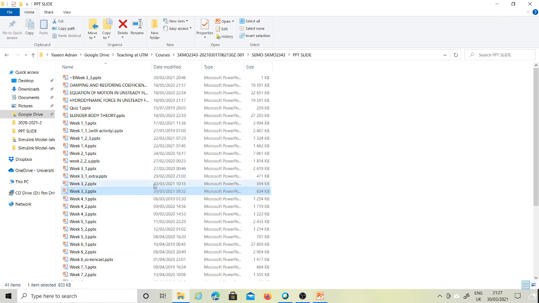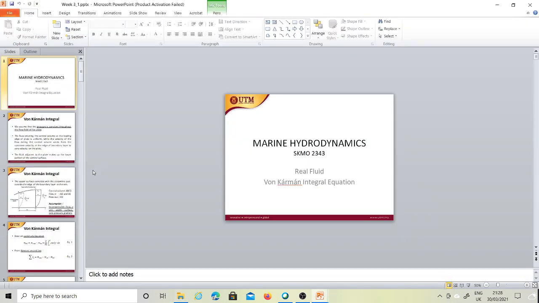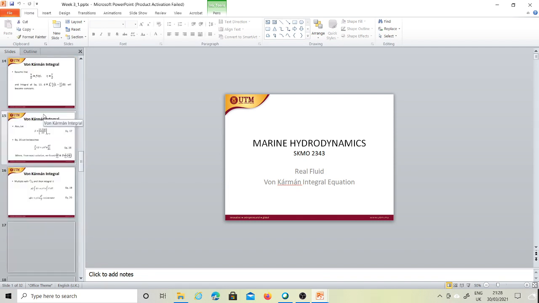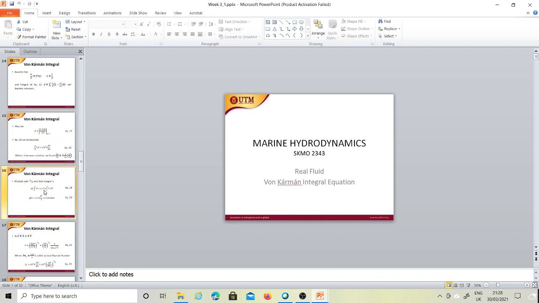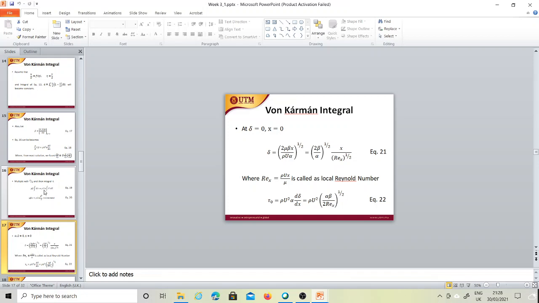If you want to have a look, let's try to open it. If I go down, we have this one. You can see tau naught is equal to rho u square alpha d theta by dx.